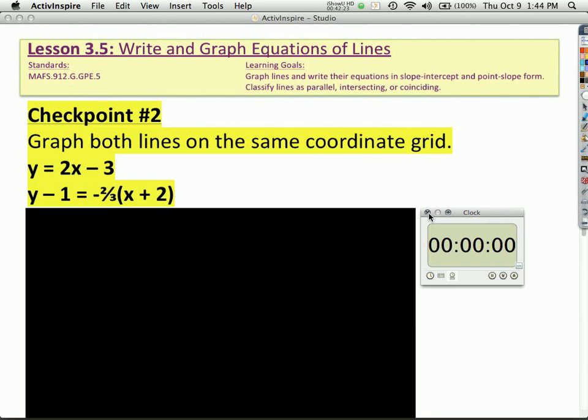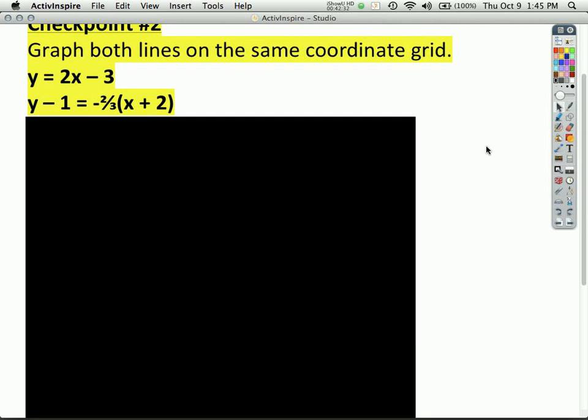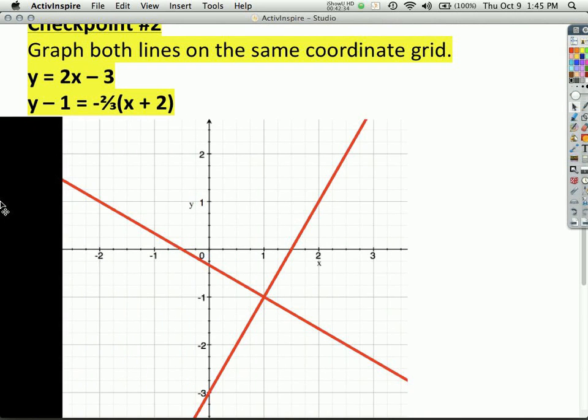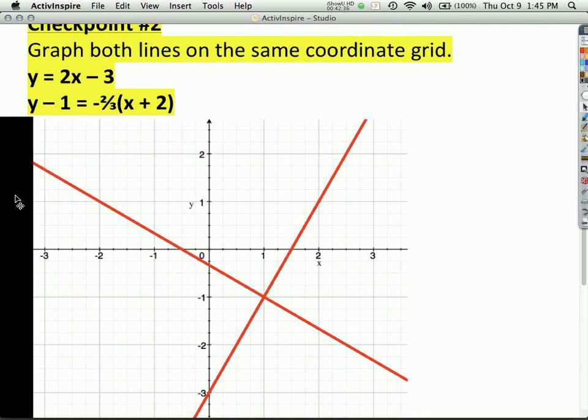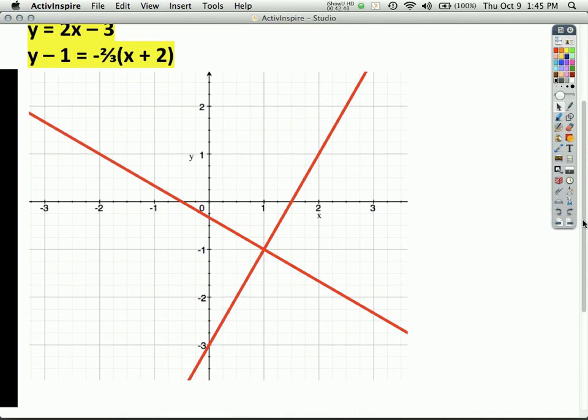Give me a thumbs up if you were able to graph both already. Good, so I'm going to reveal the picture and you compare. And so that is what your picture should have looked like.